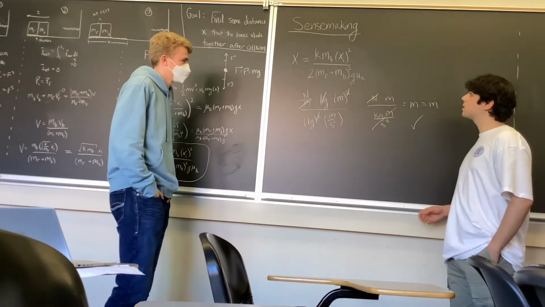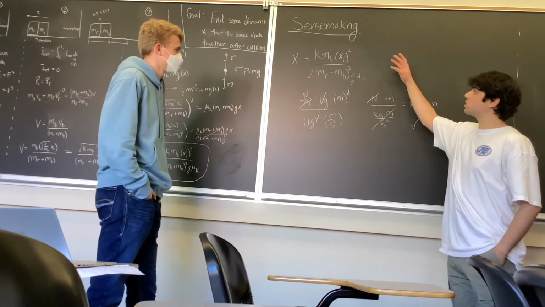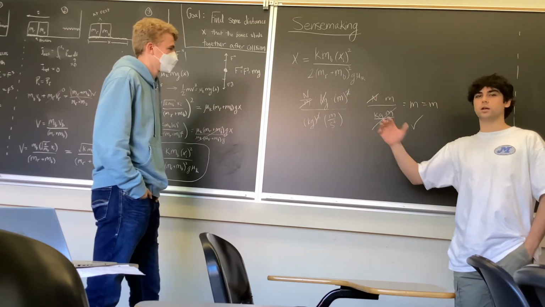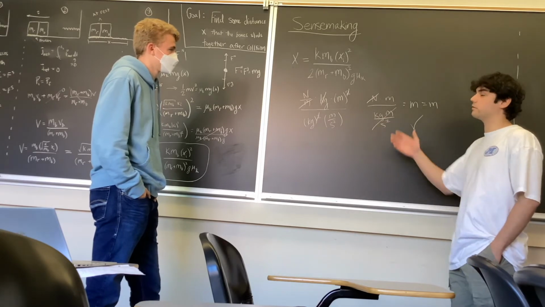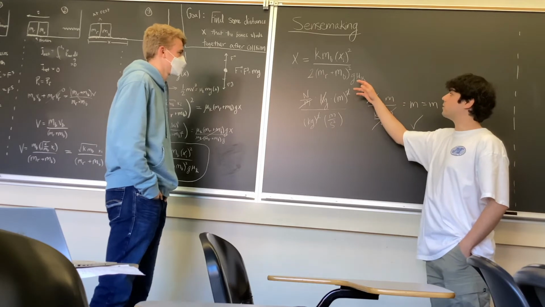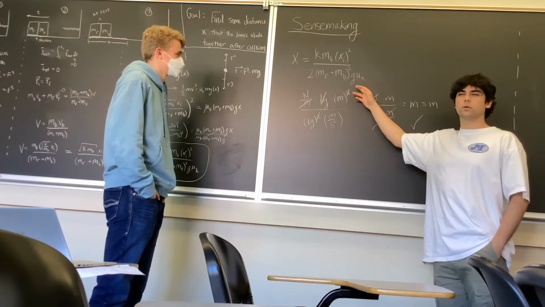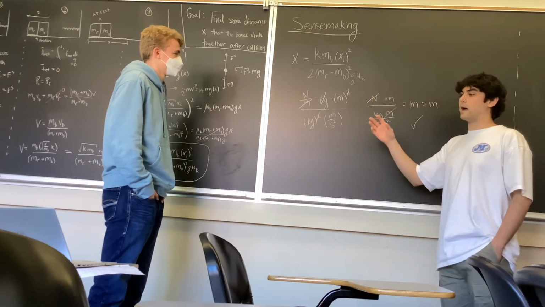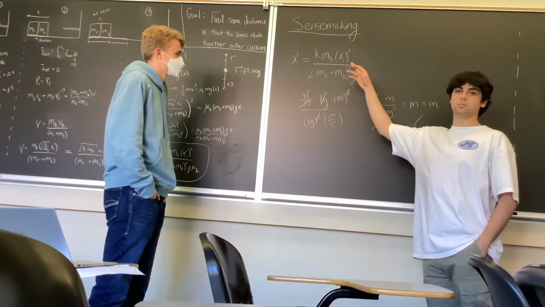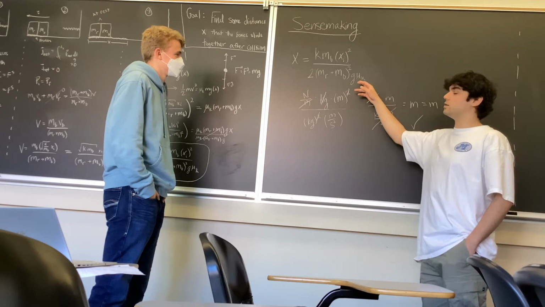For more sense making, we're going to be looking at each variable, and imagining if we change them either larger or smaller and see how that would affect the distance. So for now we can look at the gravity, and if we were on a different planet and the gravity was less, then we would get a larger distance because gravity is on the denominator.